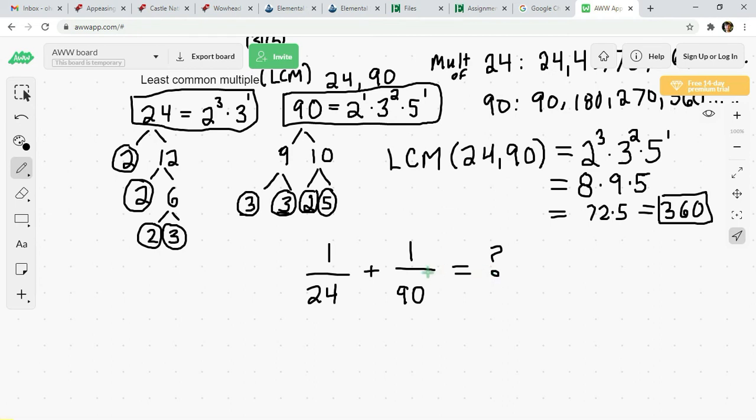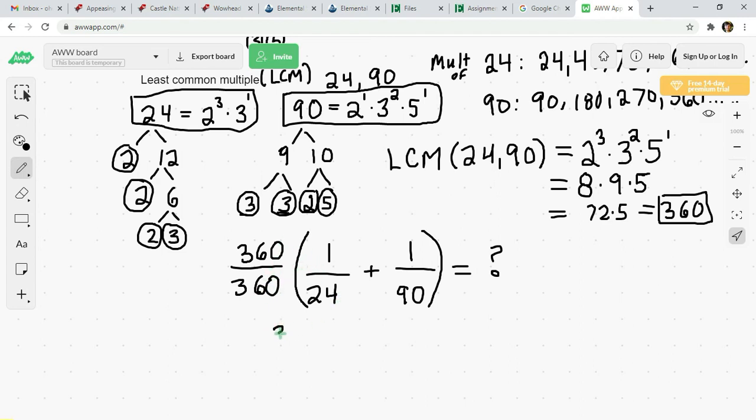Well, here's what we can do. We can take this entire expression and we can multiply the top and bottom by 360. That's the least common multiple.